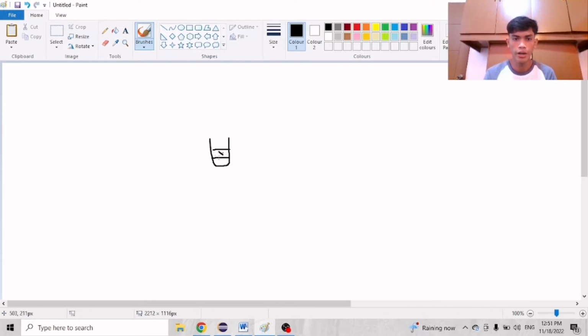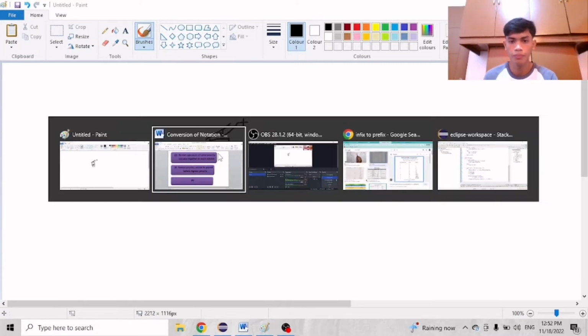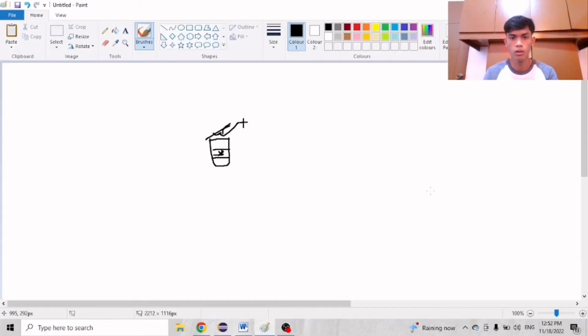If a higher priority is here, then a plus is placed here. If we put it here, it is invalid or prohibited. You cannot put plus here because it is before the higher one, so the only thing we need to do is to pop this operator so that the plus can be placed here.